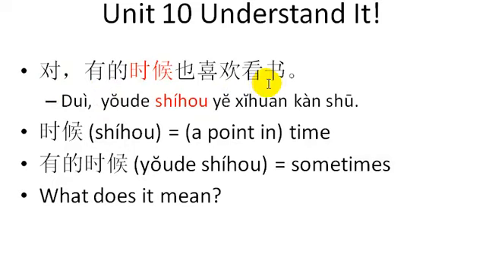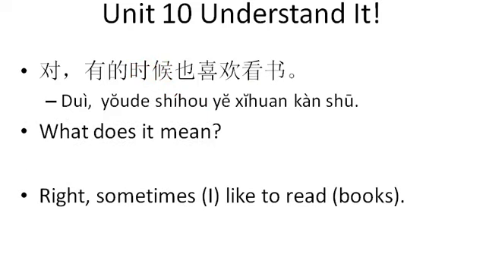So pause and figure out the English there. And here's a good translation. Right. Sometimes I like to read books. 有的时候也喜欢看书. You notice here there's no 我. You don't really need it. 对. 有的时候也喜欢看书. You could put a 我 here, but it's unnecessary.